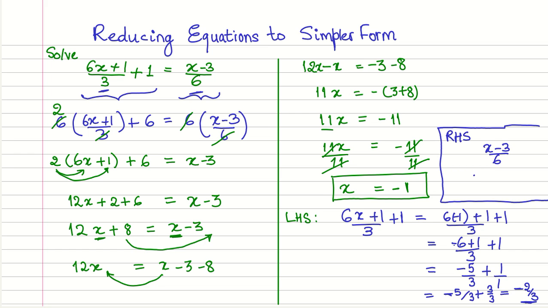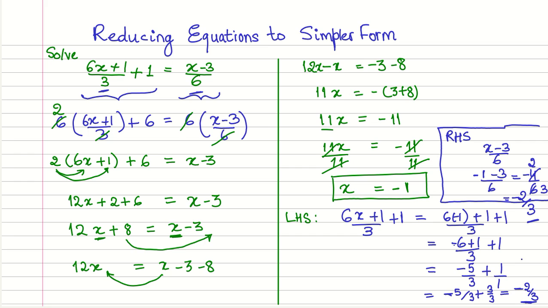All we need to do is to substitute: (-1 - 3)/6 = -4/6, and you can simplify this: 2 times 2 is 4 and 2 times 3 is 6. So you also have this as -2/3, and you can see that both of these are the same, -2/3, and therefore this solution is correct.